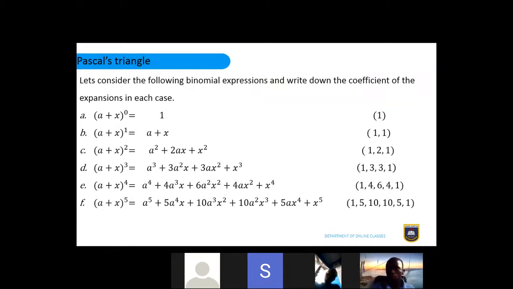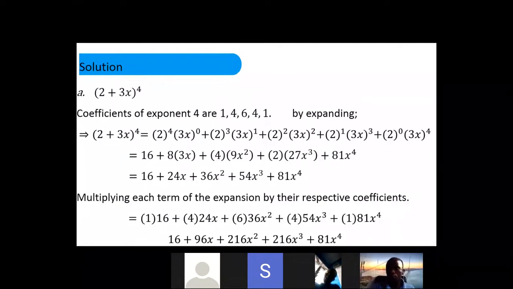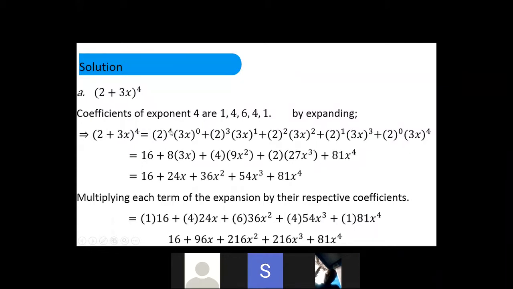Let's look at this. When you look at this example, you see how the expansion is done. We multiply the 2 terms, then the first term will start decreasing from the highest exponent to 0, and the last term, that's the second term, will start increasing from 0 to the highest power.